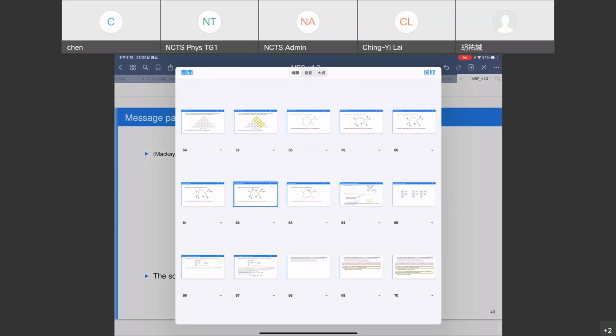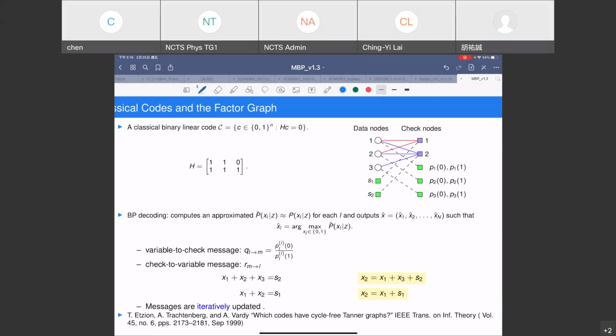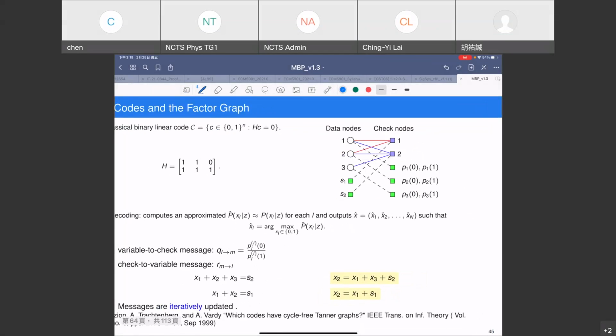So we want to apply this idea in decoding. Okay, so here, this is the classical parity check matrix H, right? 110, 111. Okay. So here we define a factor graph according to this parity check matrix.